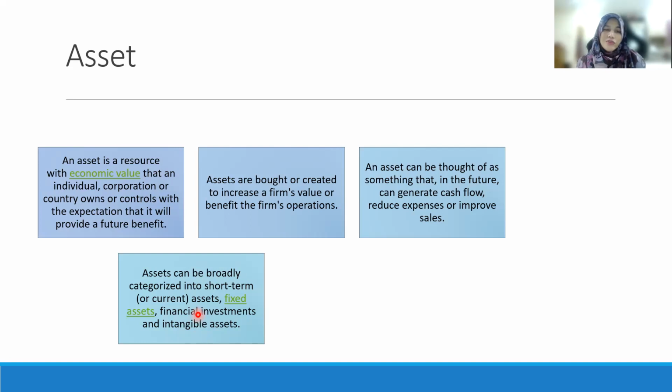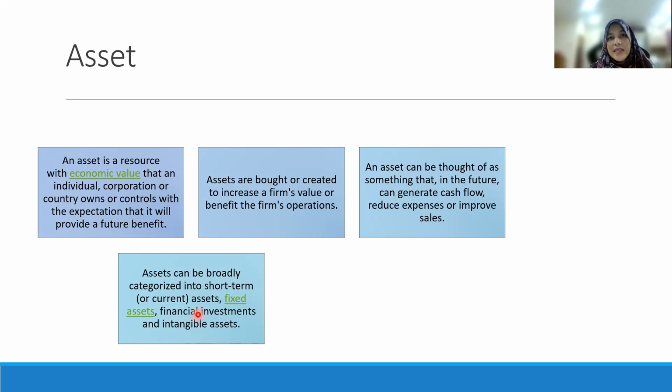Nobody else can use that. Another one is goodwill. Goodwill is an amount of value of an asset which other people are willing to pay higher than the intrinsic value. For example, when a company is being taken over by another company, let's say the value of asset is 2 billion, but the company taking over is willing to pay 3 billion, because this company is very good and has high potential to grow.